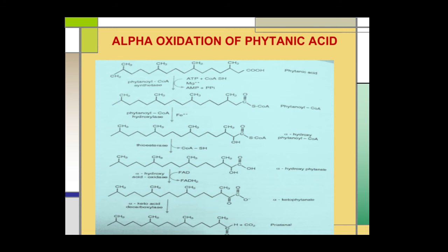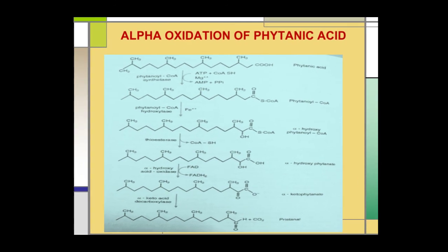The pristanal is then converted to pristanic acid by aldehyde dehydrogenase and NAD, which is then transported to the beta oxidation pathway. Thus, phytanic acid oxidation occurs through the alpha oxidation pathway.